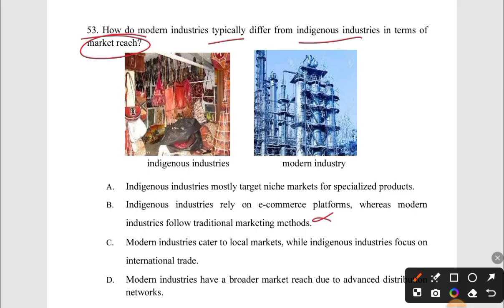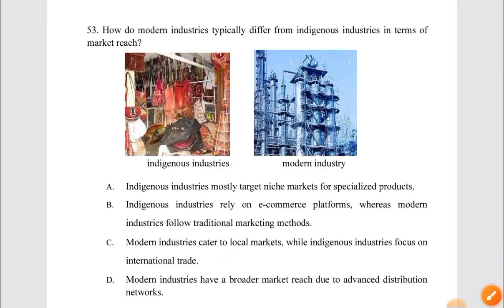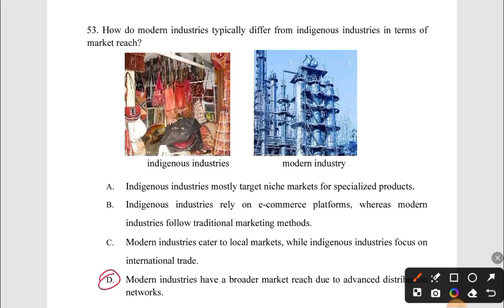Not true. C. Modern industries cater to local markets while indigenous industries focus on international trade. Is also not true. D. Modern industries have a broader market reach due to advanced distribution networks. Now, if you understand all the terms that are being used, you know that D is the right answer.